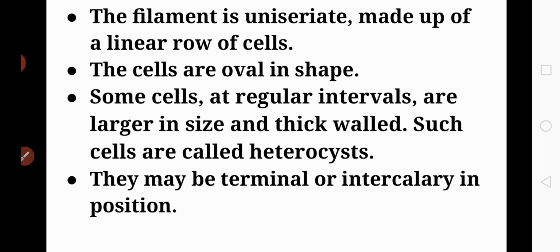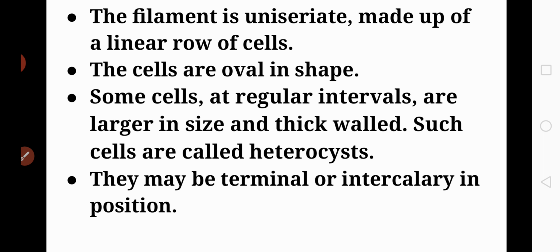So here the cells are oval in shape, and some cells at regular intervals are larger in size and thick walled, and such cells are called heterocysts. Heterocysts are nothing but, in the trichome, at regular intervals some cells are larger in size and thick walled and are called heterocysts.